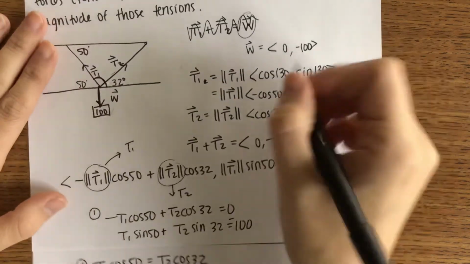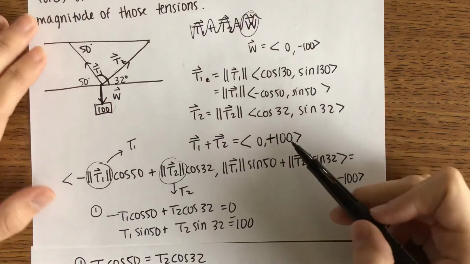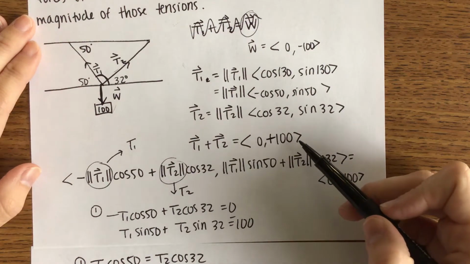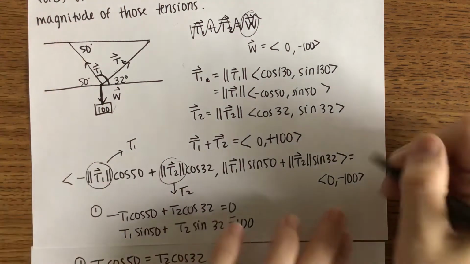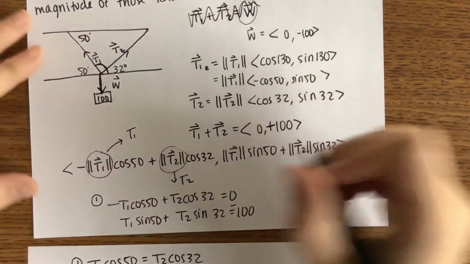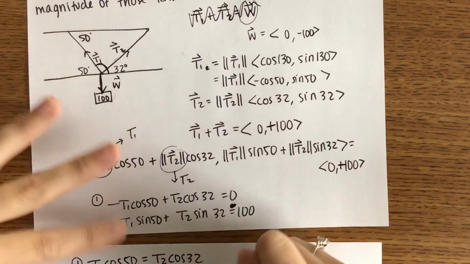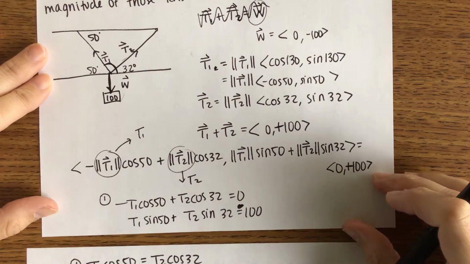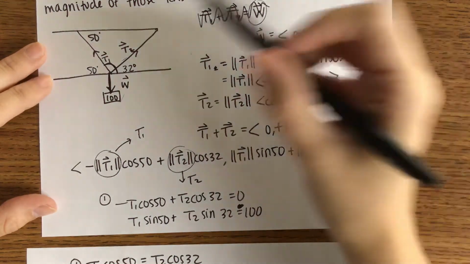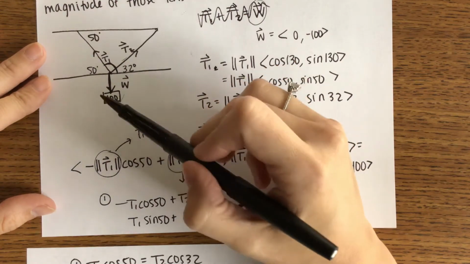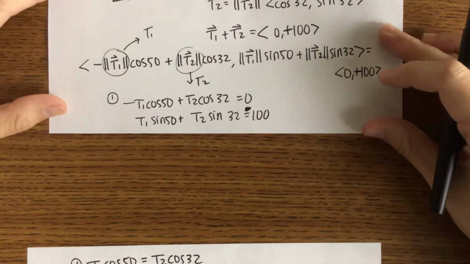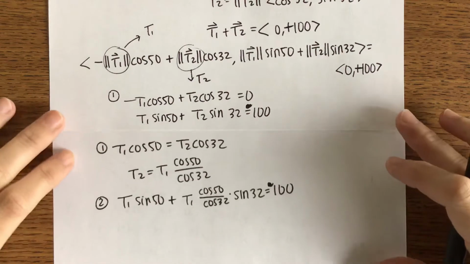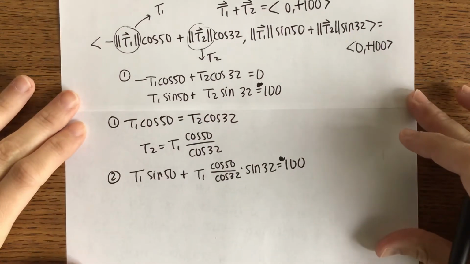So when you add them together, they are going to be the opposite of the weight to keep it balanced. So this should be a positive 100. Sorry about that. Does that make sense? We want to balance the weight, we don't want it to move. So that's why they're going to end up being the opposite. Thank you for catching that.